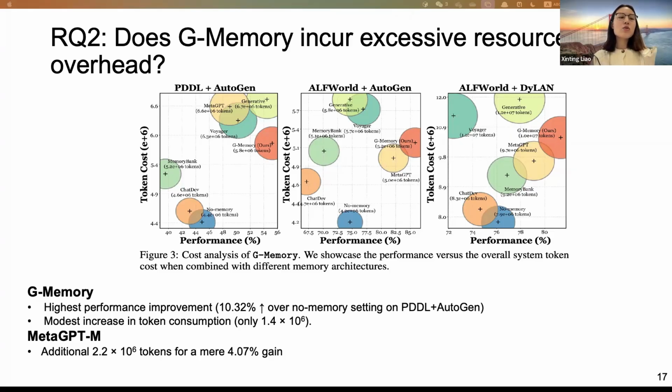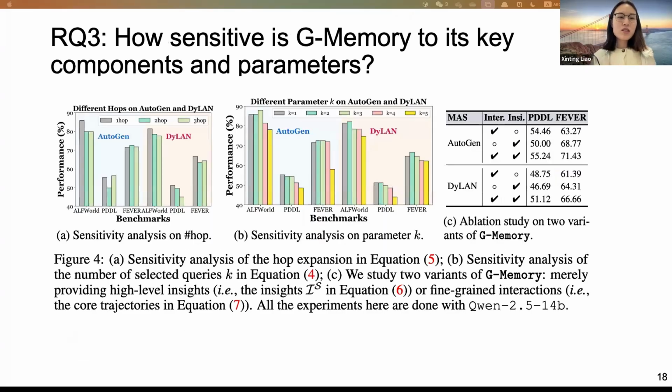Compared to MetaGPT-M, they requested an additional 2.5 billion tokens for a mere 4.4% of gains. For the sensitivity study, they consider the multi-hop expansion, top K selection, and the ablation studies.